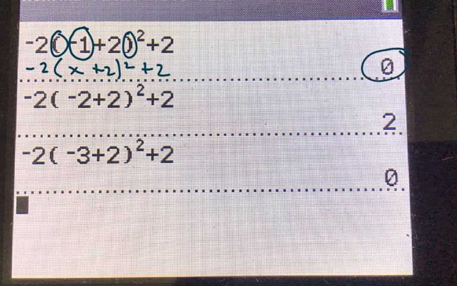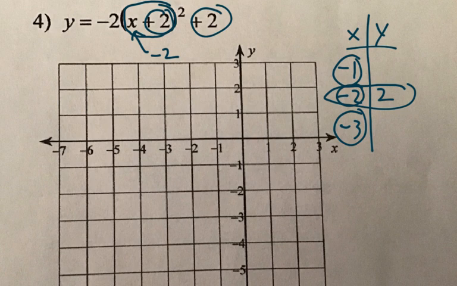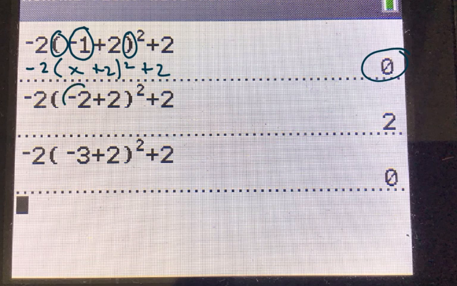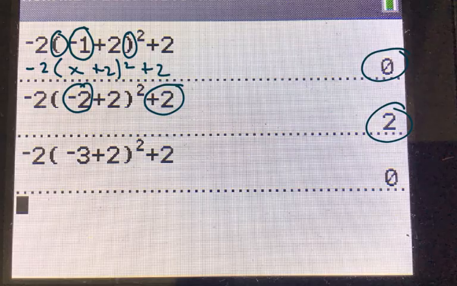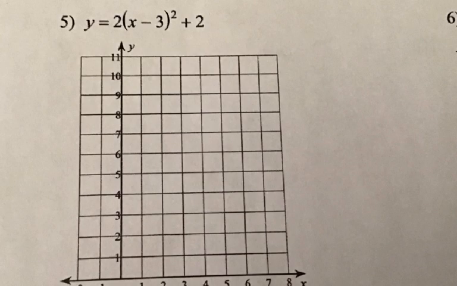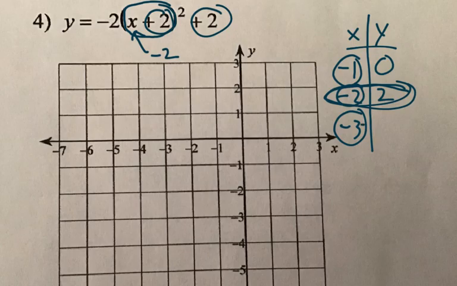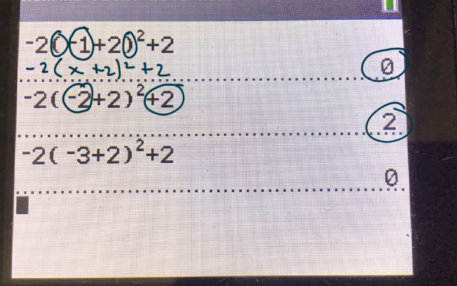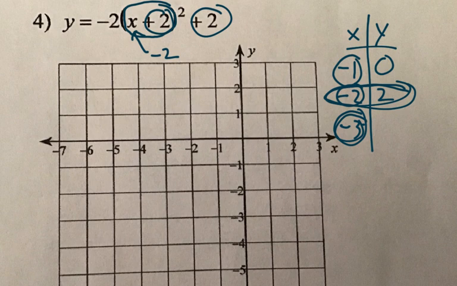As you can see, I get a 0. So -1 was 0. Now, -2 should be 2, right? Well, notice when I plug in -2, I do get 2 here. And then finally, I'm going to plug in -3. And notice when I plug in -3, I get 0.